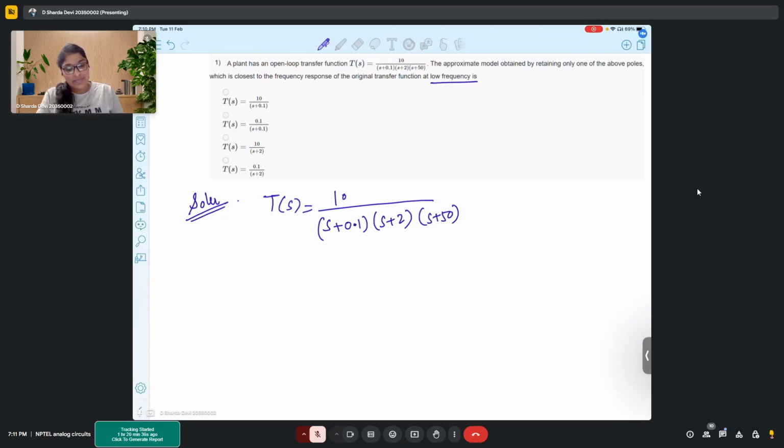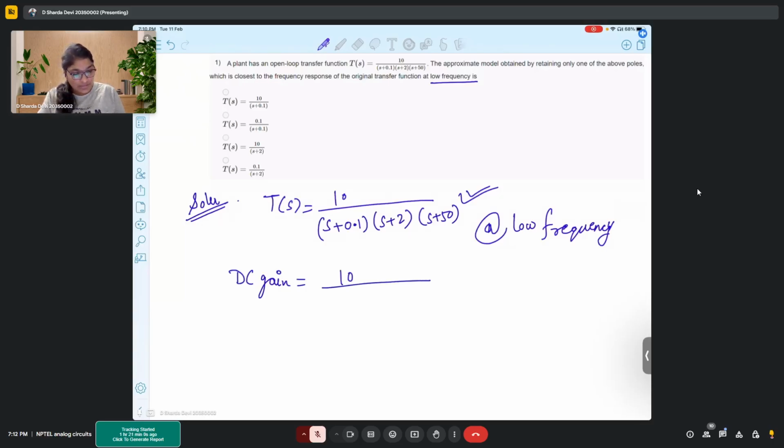So you have to suggest a transfer function which is equivalent to this transfer function at low frequencies. First thing that we'll do is find the DC gain of the given transfer function.